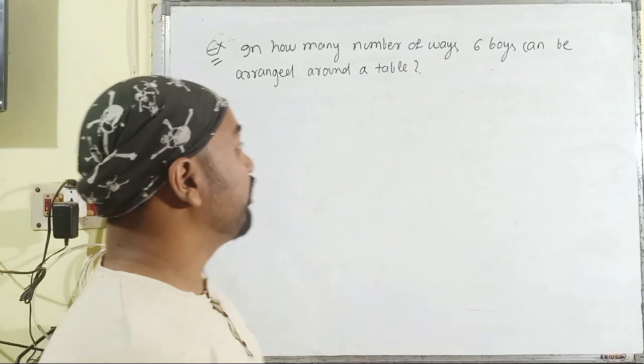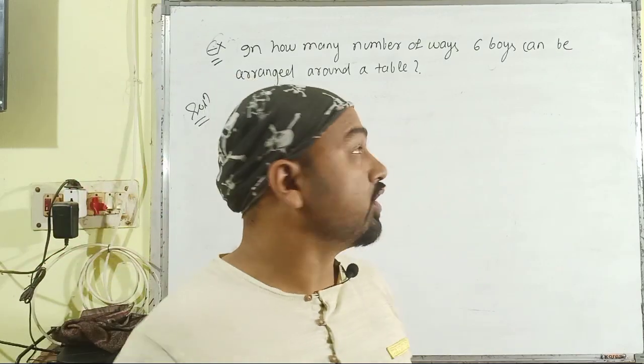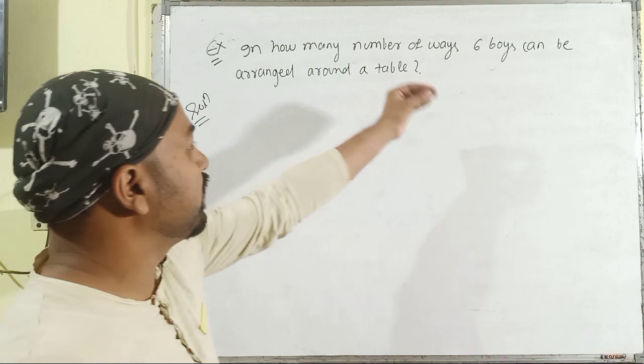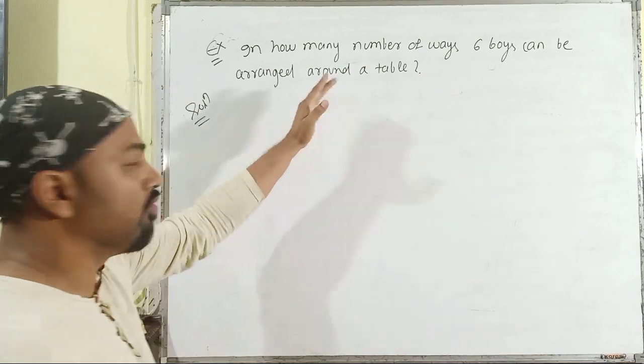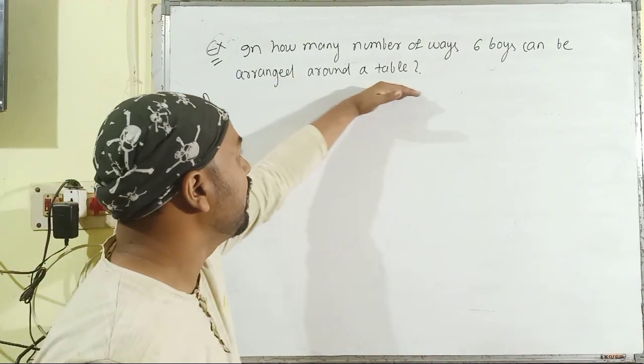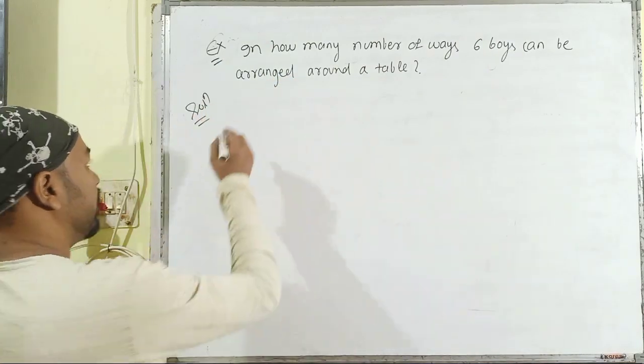Here is the problem based upon the circular permutation, and this is the last problem for this video session. It asks in how many ways 6 ways can be arranged around a table. That means it is a circular permutation because the problem is based upon around a table. We have to find the total number of arrangements.